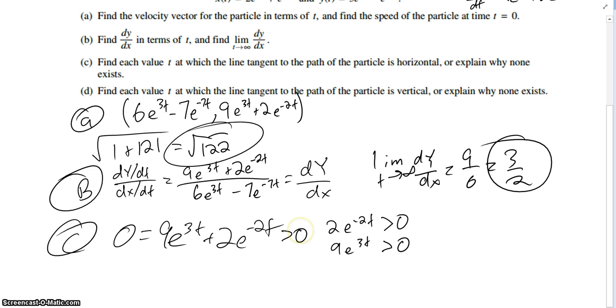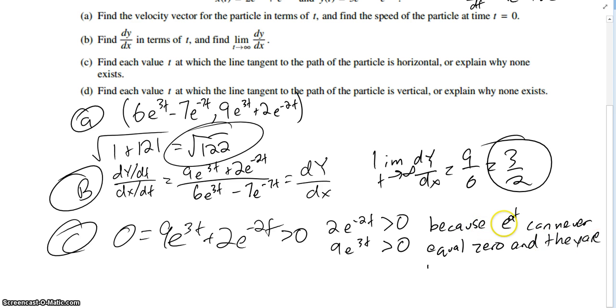So there's no t value when the tangent line is horizontal. The way I'd write this out is: because e to the at can never equal 0, and they are being added together.